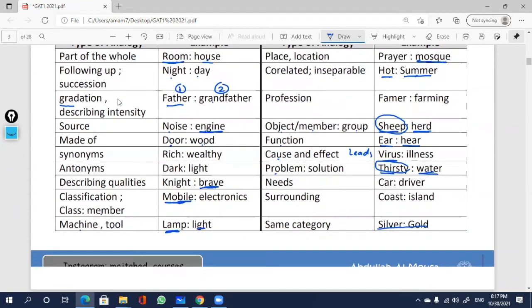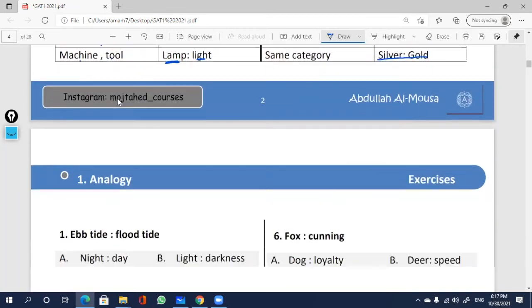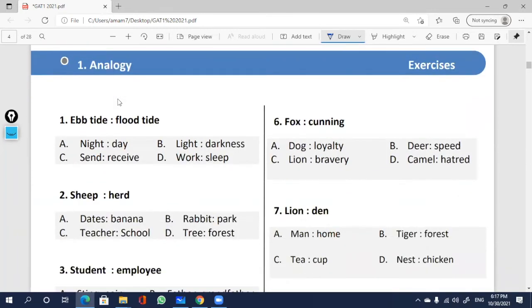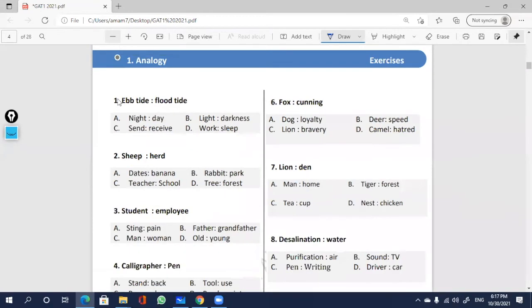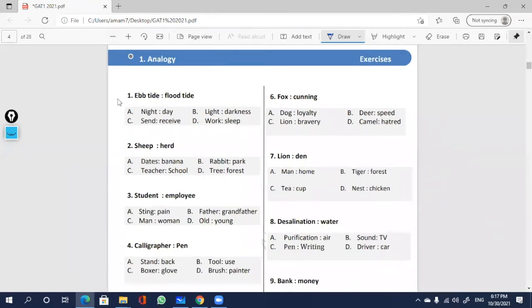Okay, now we're gonna try to answer these questions. We have 10 questions. I want you to answer these questions according to the comparison skill, which means I want you first to identify the relationship which links the pair of words which are given in the question.